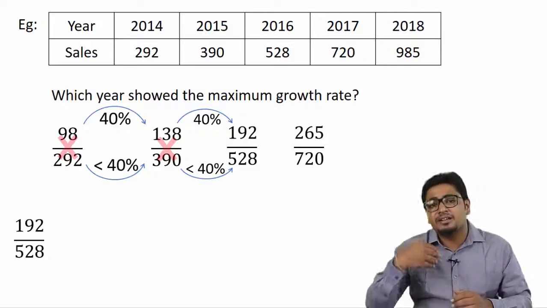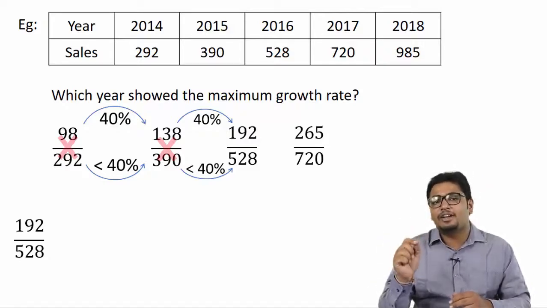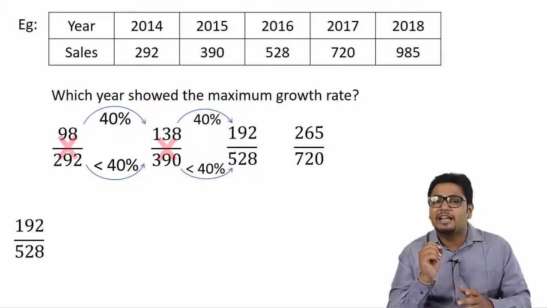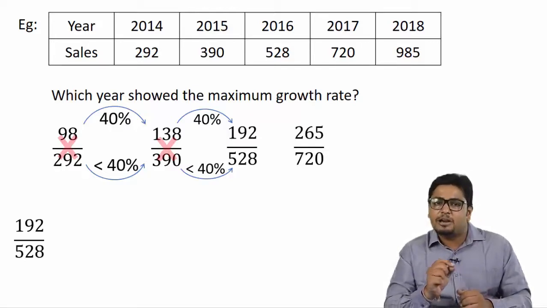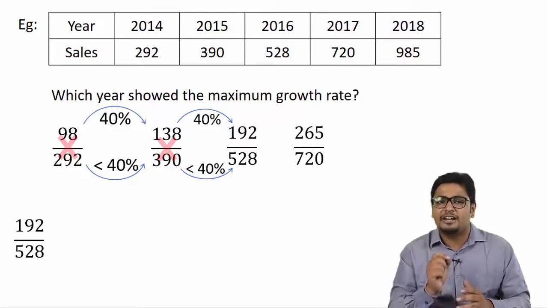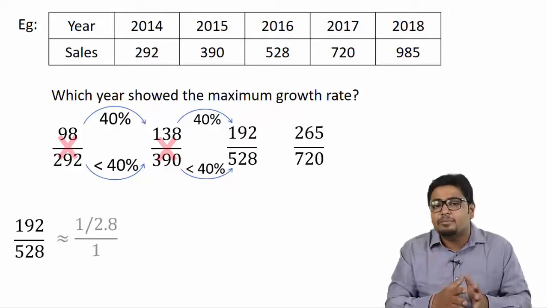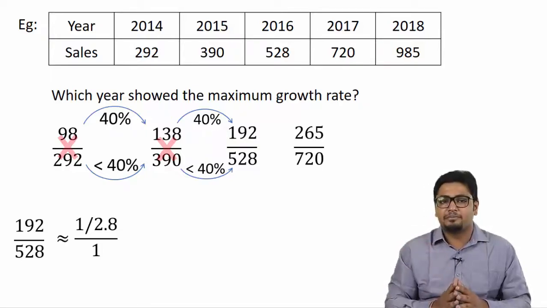So we apply the third method that we just learned. 3 times 192 is 576, but we have 528 in the denominator. So 528 will be around 2.8 times 192. 192 by 528 can be written as 1 by 2.8 by 1.